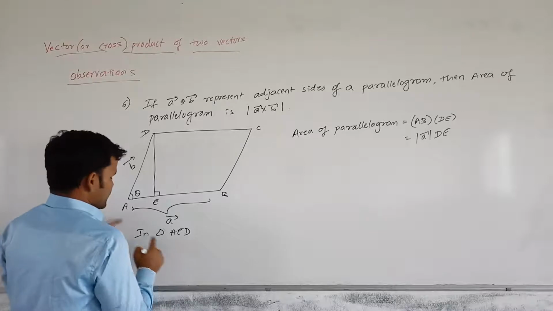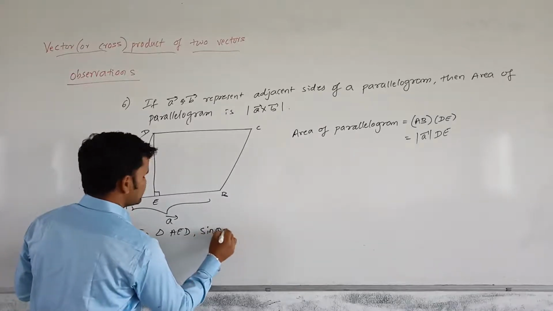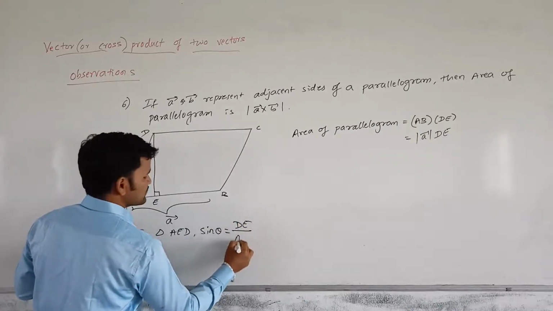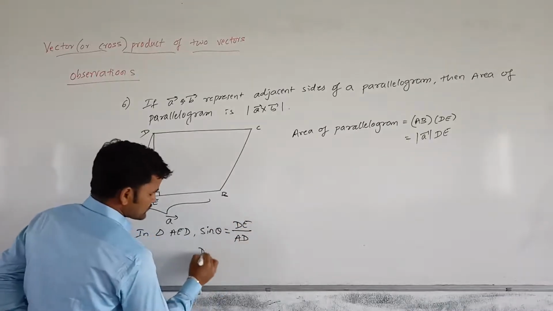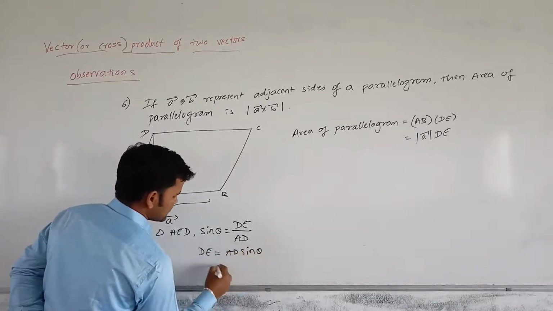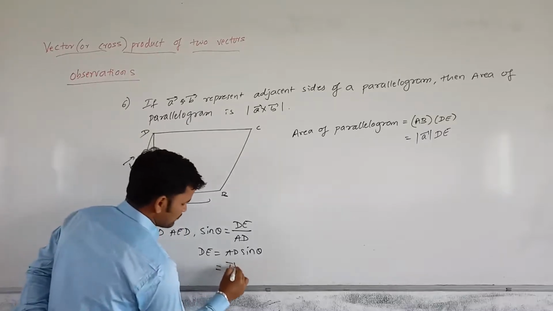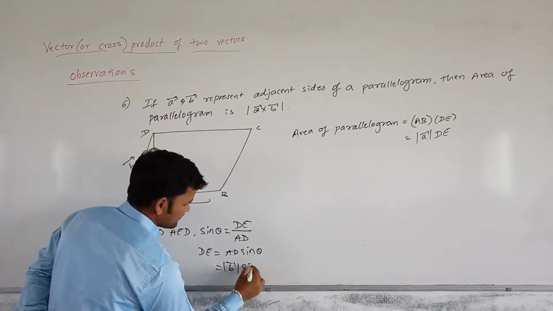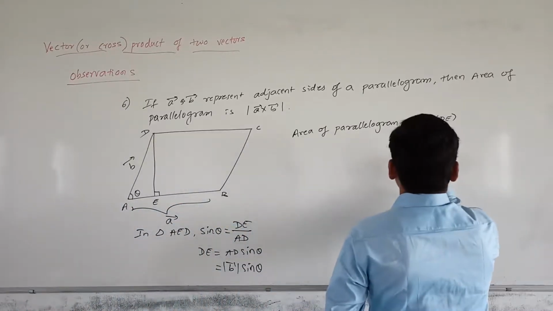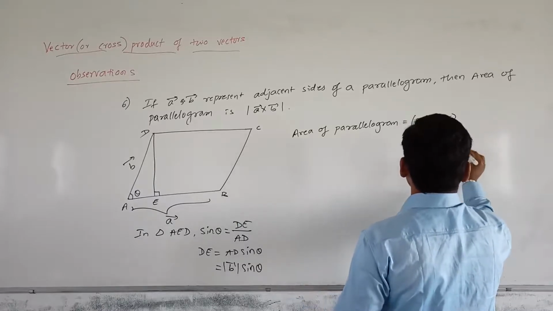So, in triangle AED, sin theta is equal to the opposite side DE by the hypotenuse AD. So DE is equal to AD into sin theta. What is AD? AD is the magnitude of vector B. So DE is the magnitude of vector B into sin theta. This is the magnitude of vector A, and this is the magnitude of vector B into sin theta.